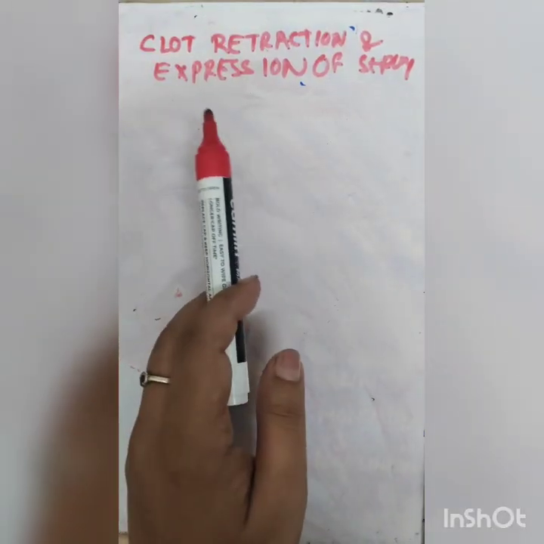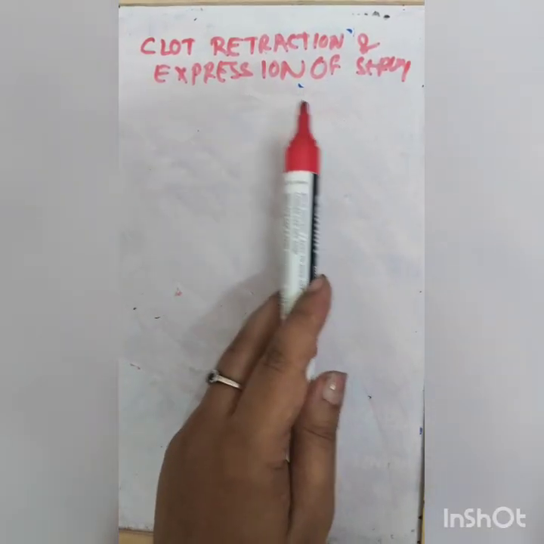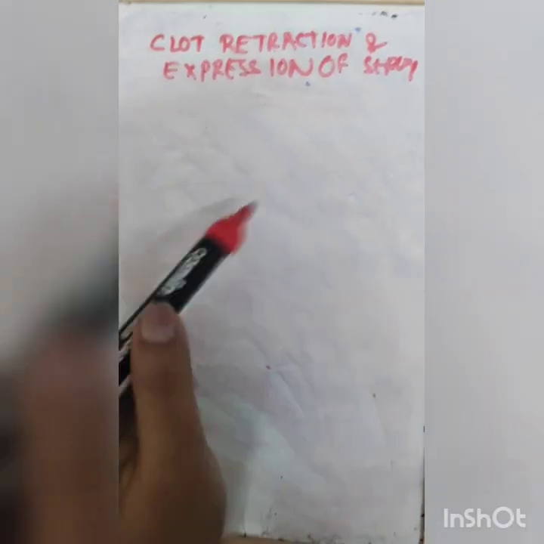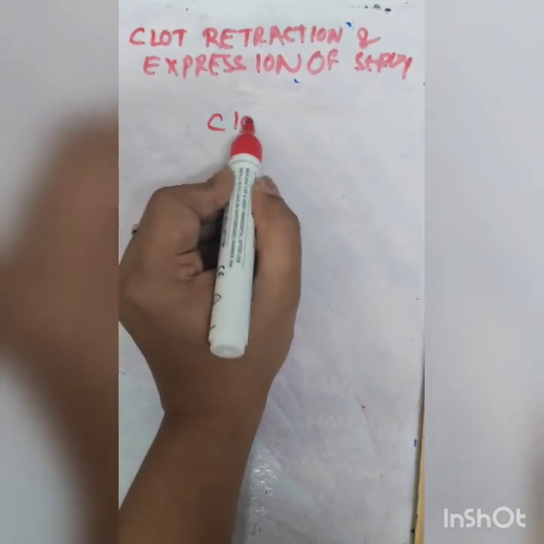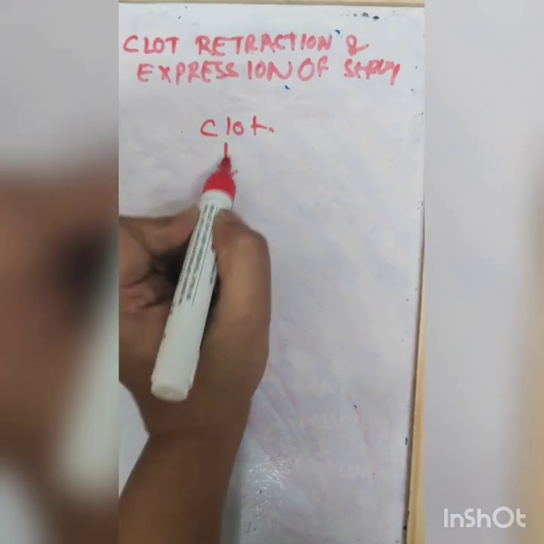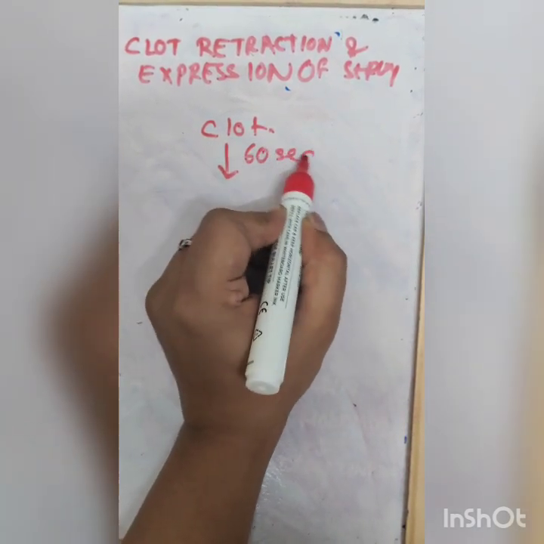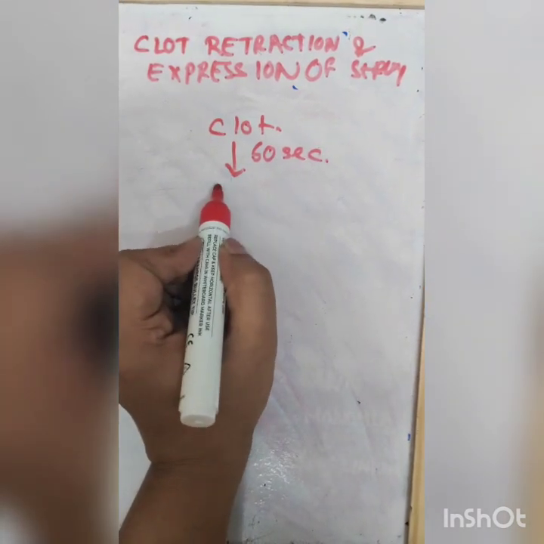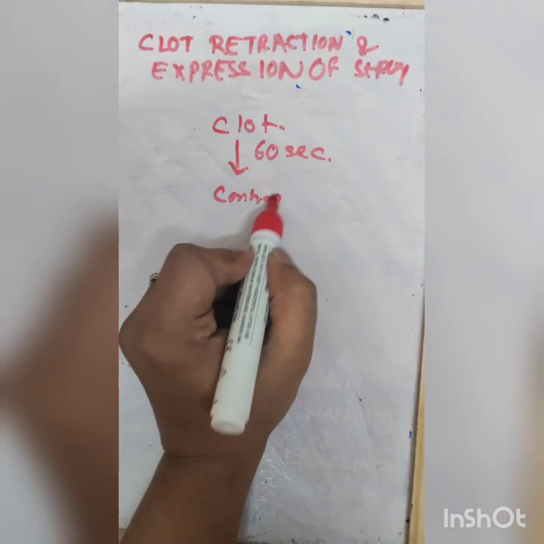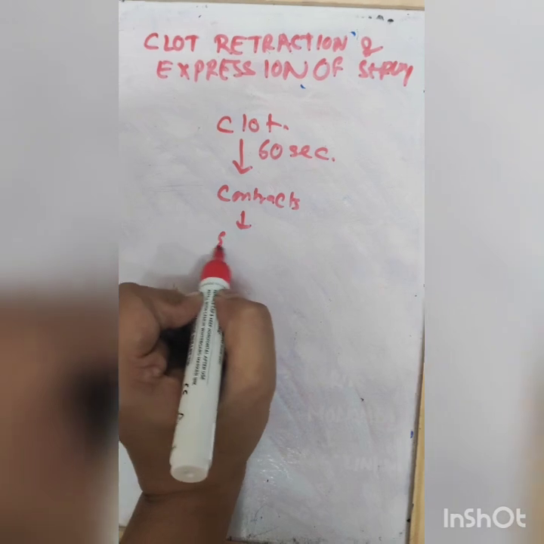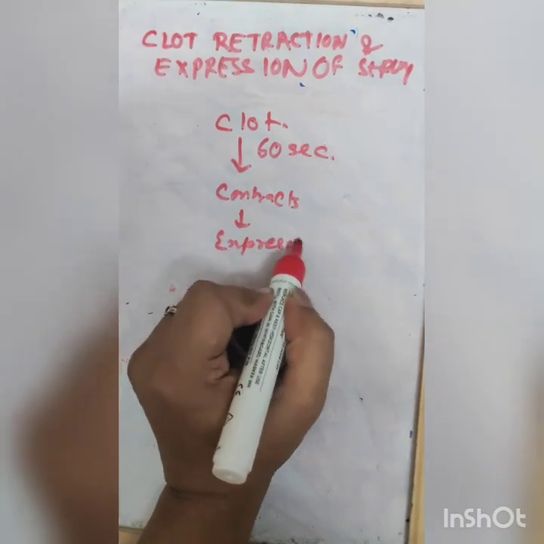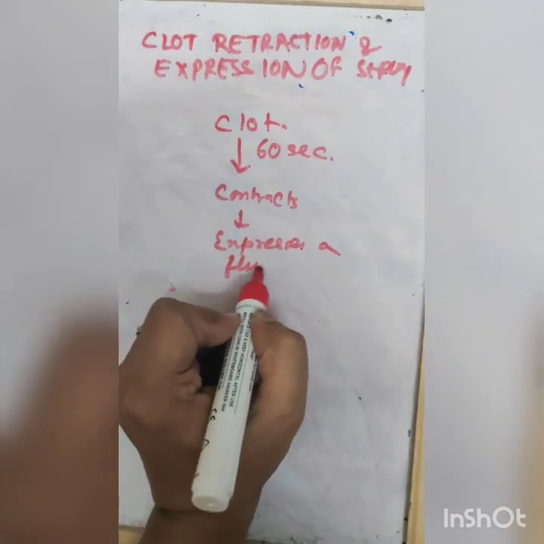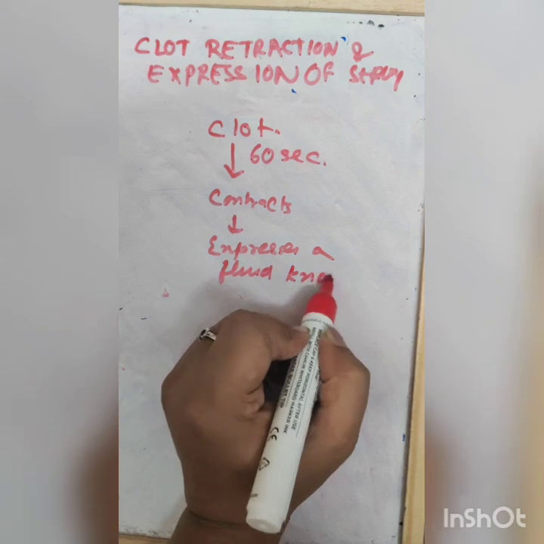The final step of hemostasis is the clot retraction and expression of serum. So how does this happen? So now we know how the clot got formed, right? So after around 60 seconds, this clot contracts, okay, and it expresses a fluid known as serum.